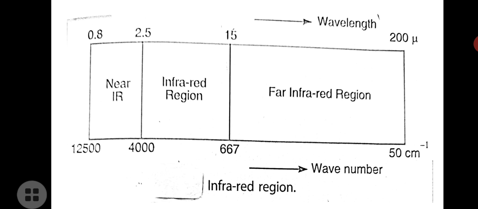The near infrared region covers 12,500 centimeter inverse to 4000 centimeter inverse, and the far infrared region covers 667 centimeter inverse to 50 centimeter inverse. So just have a look.